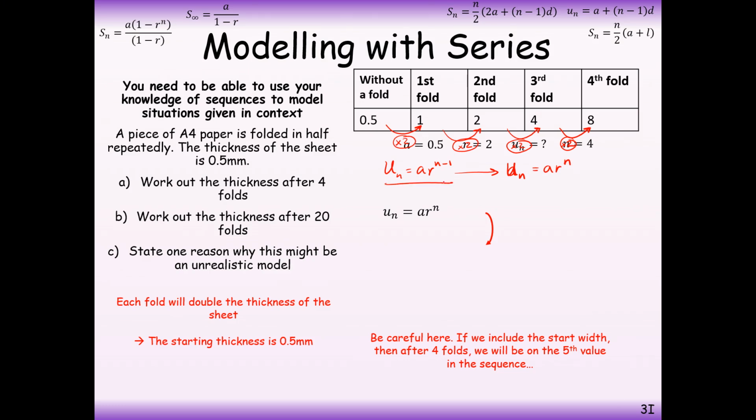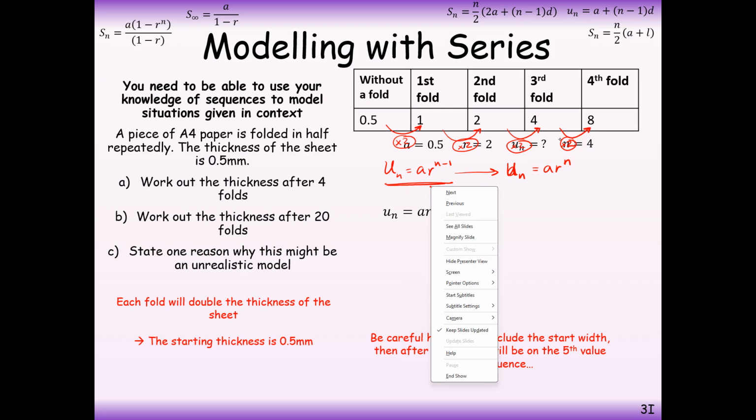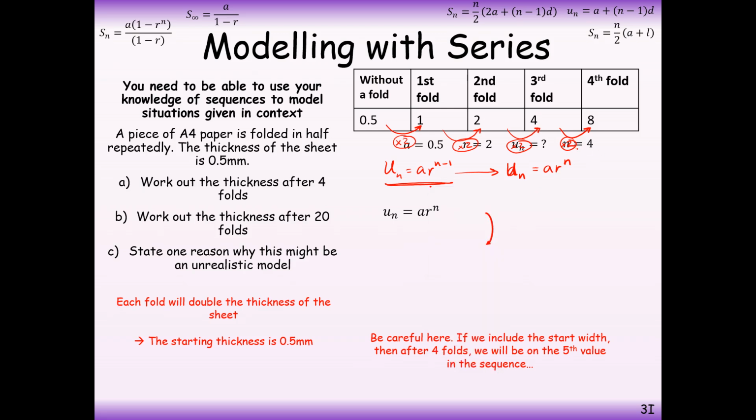Okay, it's up to you whether you want to use this formula. If you do use this formula, you say that actually for the fourth fold I'm going to use 5, or it just makes more sense to use this formula. So that's why we're substituting the value of half.